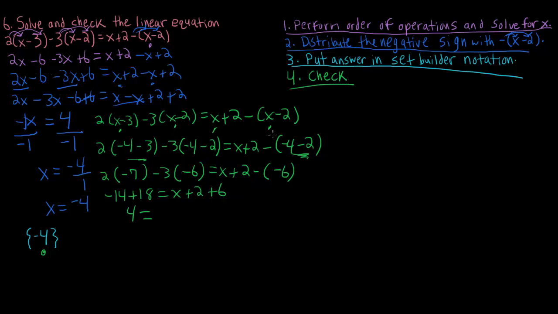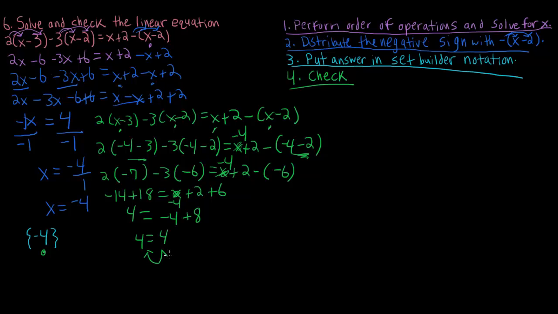Oh, and actually real quick, I noticed a mistake. Right here, I should have plugged in the negative 4, so plug in the negative 4. Then we have negative 4 plus 2 plus 6. 2 plus 6 is 8. So 4 equals negative 4 plus 8 is positive 4.